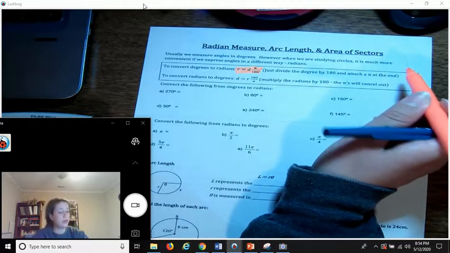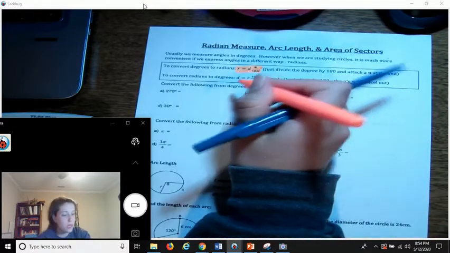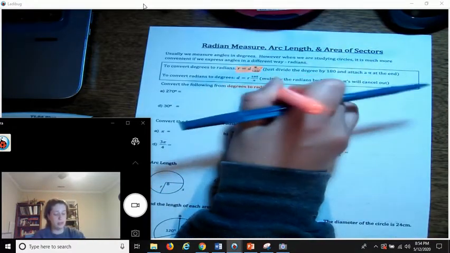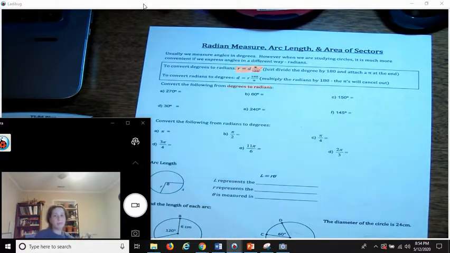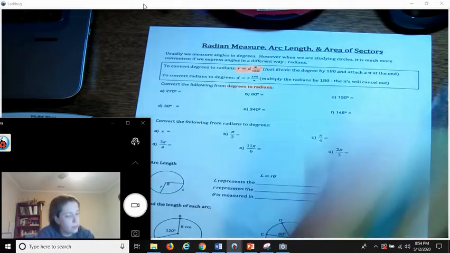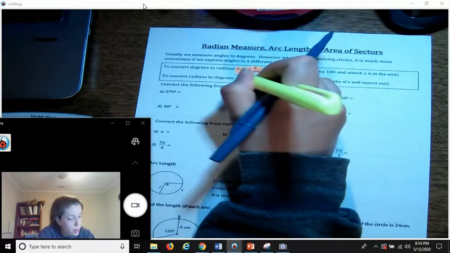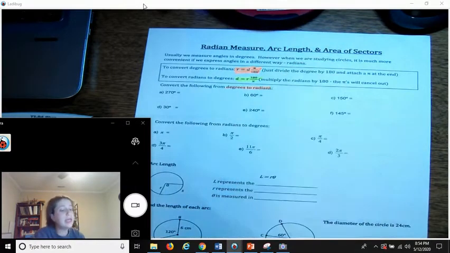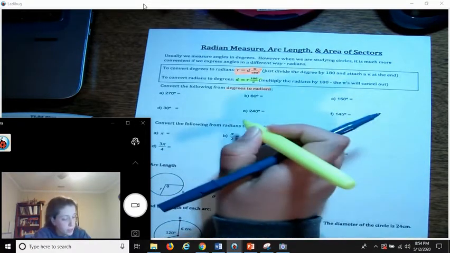That's all. In these practice problems we are converting from degrees to radians using that formula. The next formula converts from radians to degrees. Now we have degrees isolated, and we multiply the radian measure we're given by 180 and then divide by pi. So we're doing the opposite of what we did before.